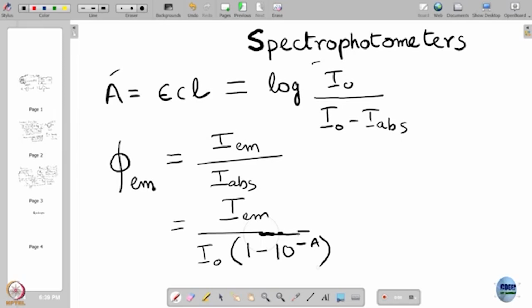And then we said, if we now have an instrument by which we can record absorbance, and an instrument by which we can record the intensity of emitted light, then we should be able to work out the emission quantum yield also. Now, why we want to know emission quantum yield, that we will come to later, but let us first see how it is recorded.